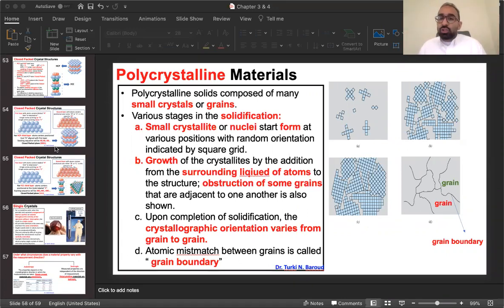Chapters 3 and 4 try to give you another lens to see what's happening inside the material: how the atoms are correlated to each other, and what the possible ways of arrangement or positioning are inside that kind of material.